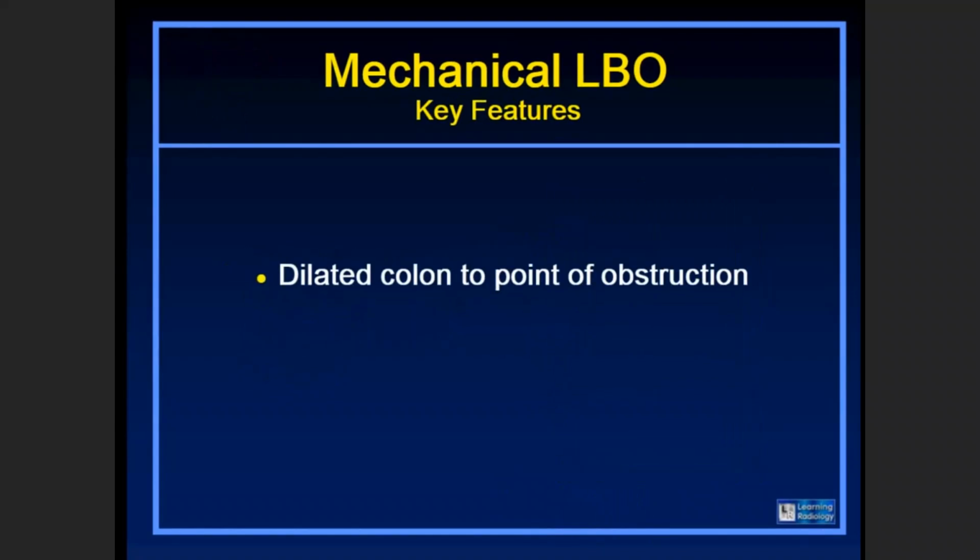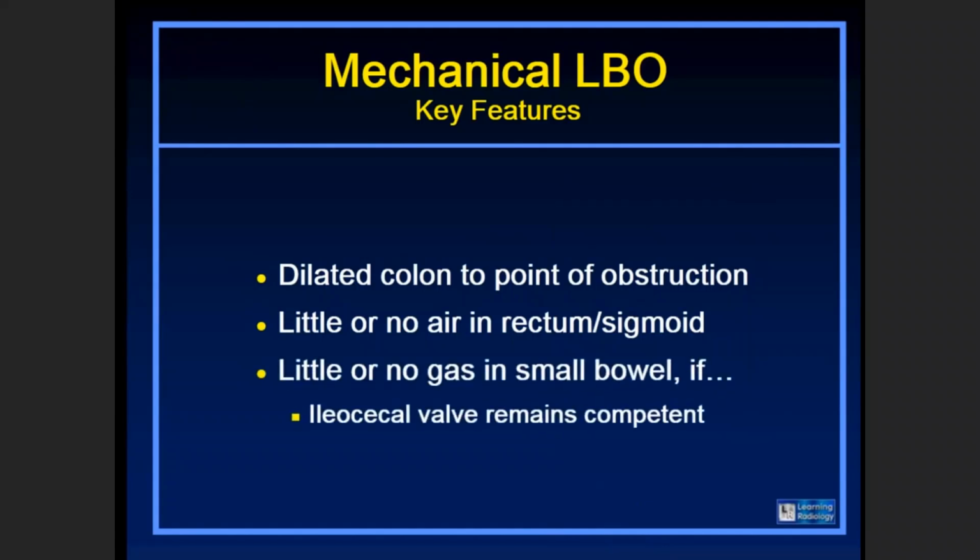Dilated colon to the point of obstruction also can be a sign. Little or no air in rectum or sigmoid, and little or no gas in small bowel if the ileocecal valve remains competent.